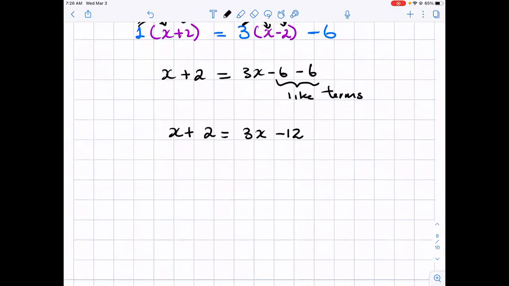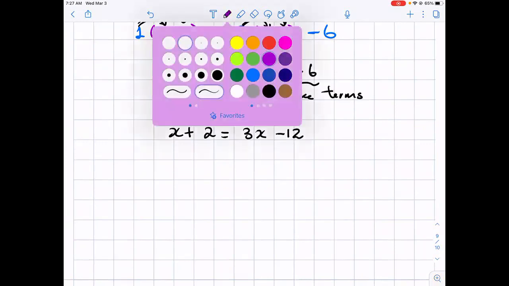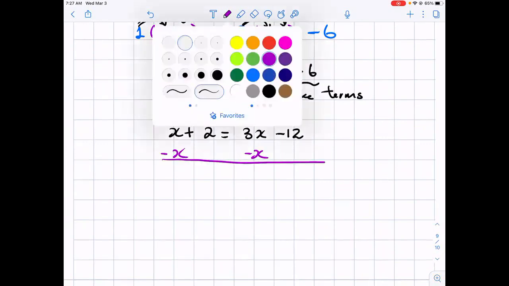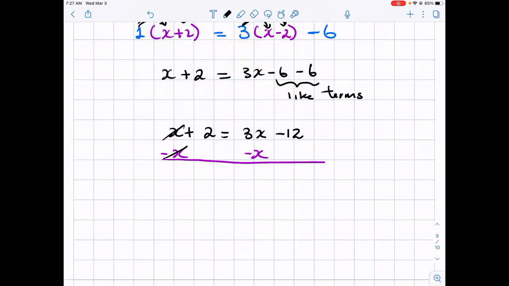And now we start moving things around. I always like to move the smaller x, so I'm going to subtract x on both sides. The plus x and the minus x cancel, so I have 2 is equal to 2x minus 12.